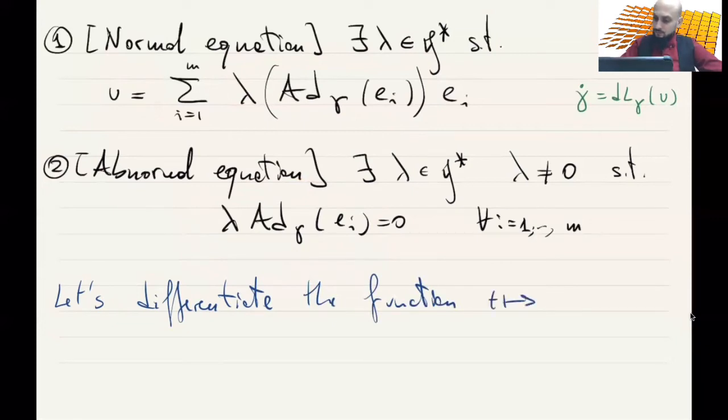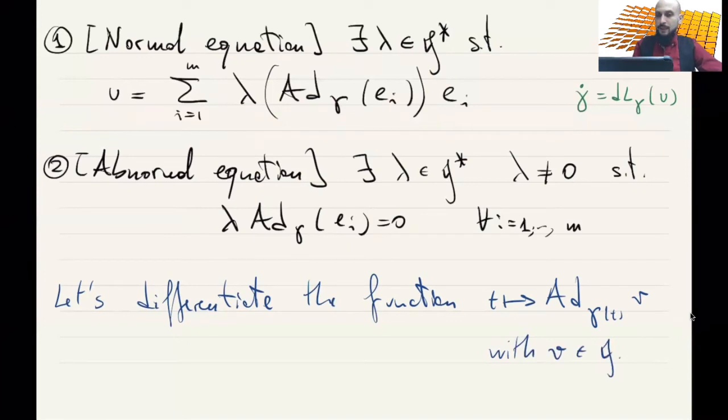We can forget about it because it's going to be linear. So just let's differentiate this function as a function of t, when v is instead fixed, with v, say, in the Lie algebra.